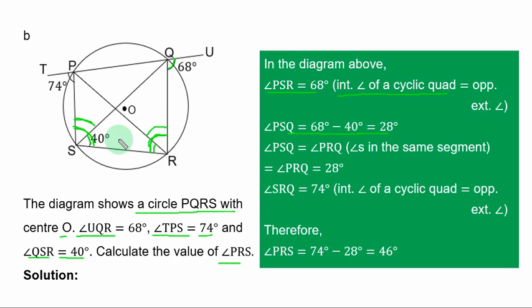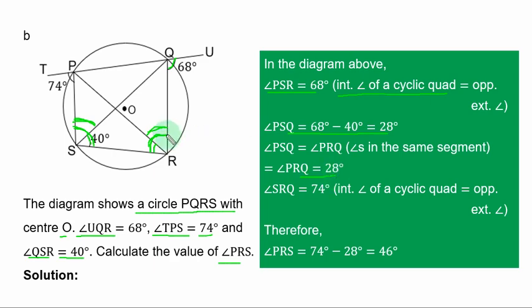Now PSQ is equal to PRQ. That is, this angle equals this angle. They are angles in the same segment. So PRQ is equal to 28.